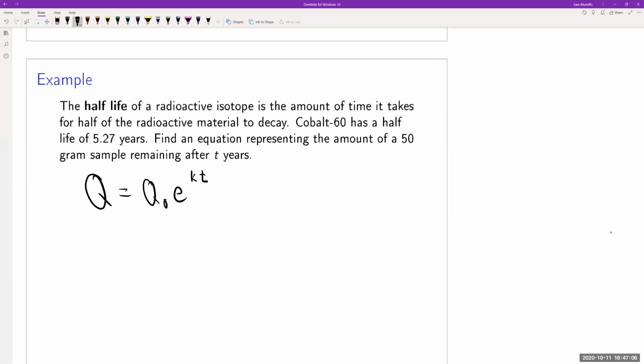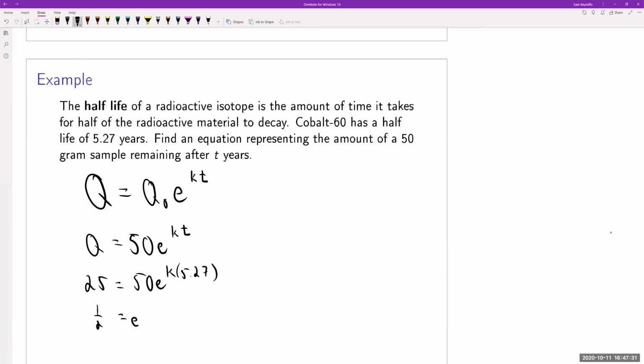Number one, Q0 is equal to 50. Number two, after 5.27 years, half of that would be remaining. So 25 would be 50 times e to the k times 5.27.